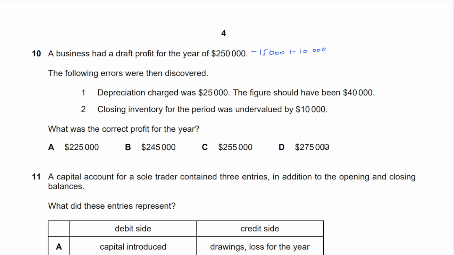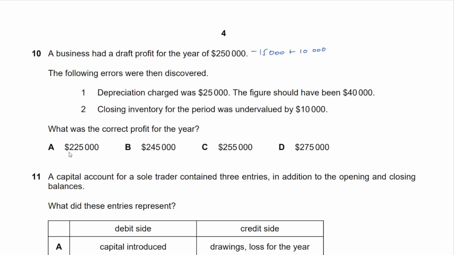Closing inventory, if it is undervalued, your cost of sales will be overvalued. If your cost of sales is overvalued, your profit will be undervalued. So closing inventory and profit move in the same direction. If closing inventory is undervalued, profit is undervalued. You need to fix that by adding back the 10,000, which was mistakenly undervalued, right? So 250 minus 15 plus 10, that's 240.